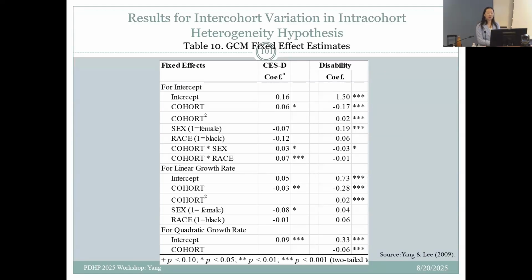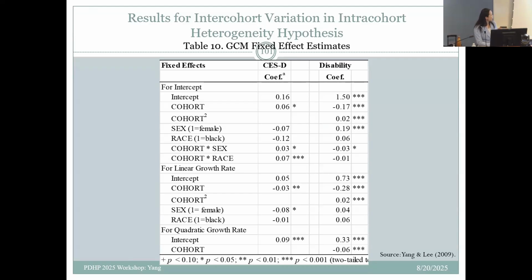And then here are the updated results where I also look at the cohort differences in the group heterogeneity within cohort by plugging in these additional interaction terms. And so here are the updated results for depression and disability respectively, where you find both sex and race differences in the mean vary significantly by cohort in mental and physical health.